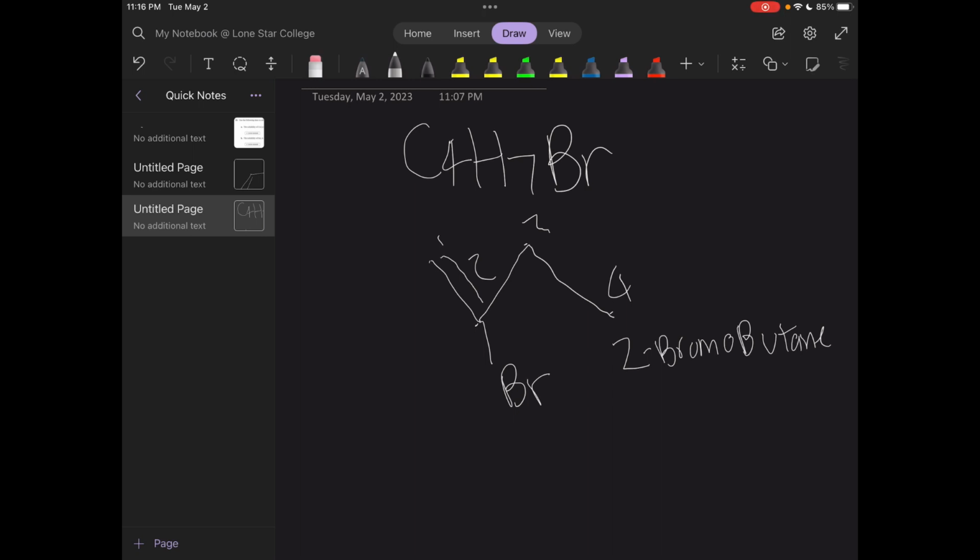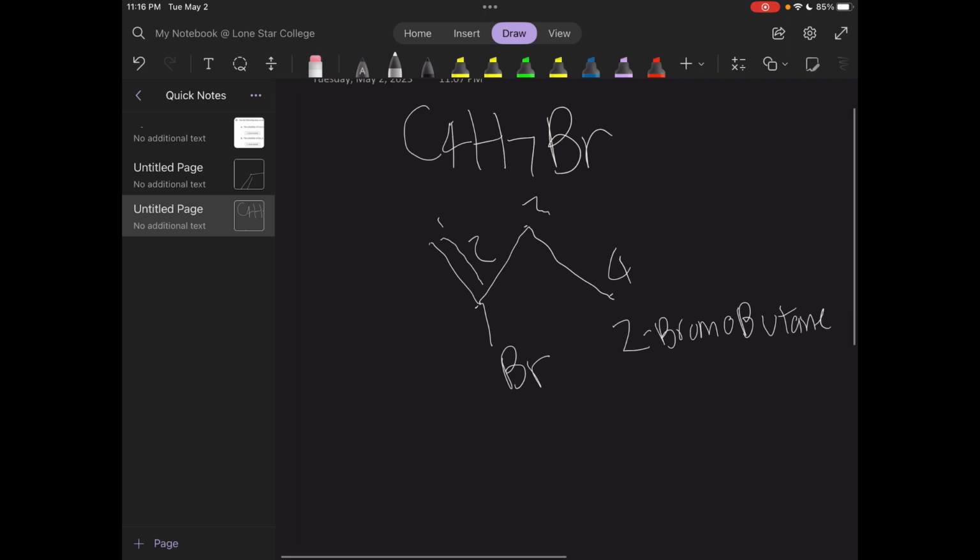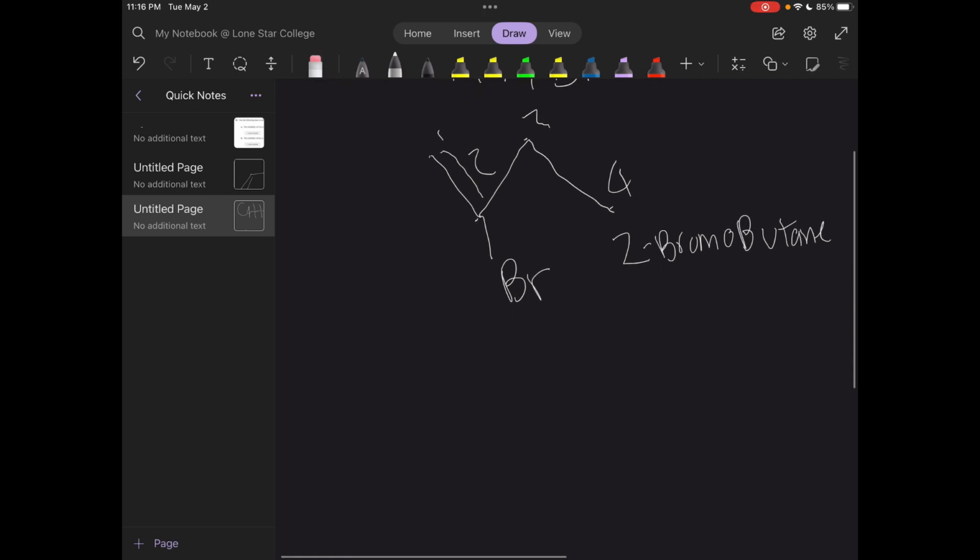Okay. Now where else could I place this bromide? That's going to be the isomer without it changing its form. I can't place it on the second branch. I can't place it on the third branch because that's the same thing.